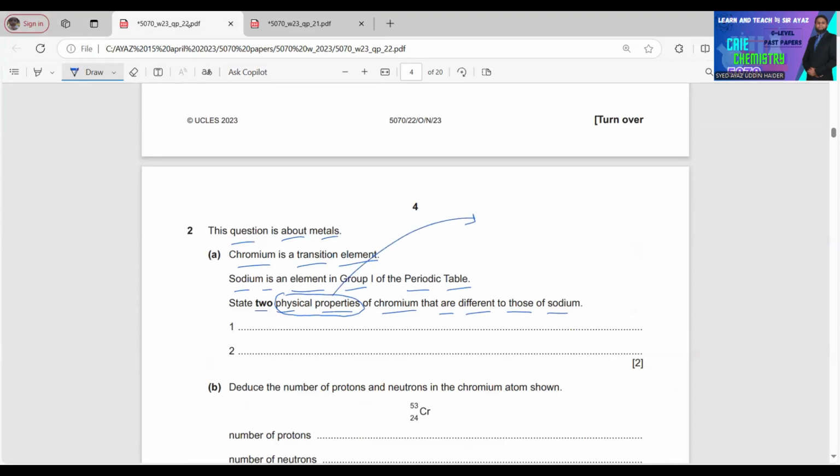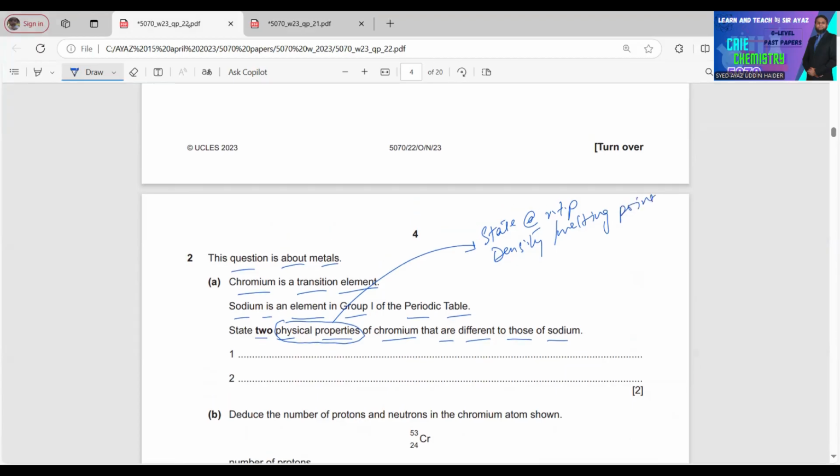Physical properties means state at RTP, density, melting point, boiling point, rate of diffusion, etc. There are other physical properties also. So I'm not going into the details of the physical property, the meaning of the physical properties.